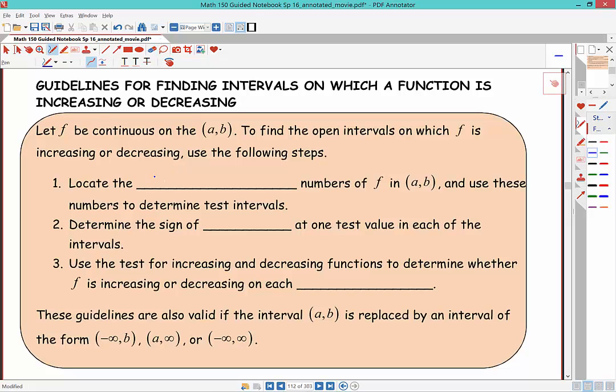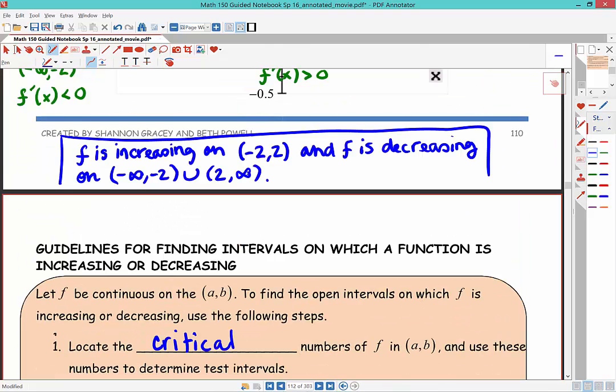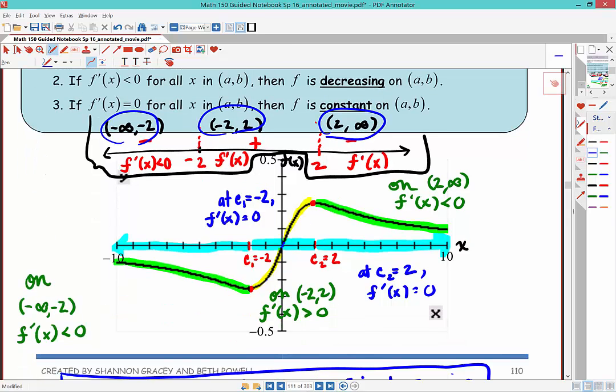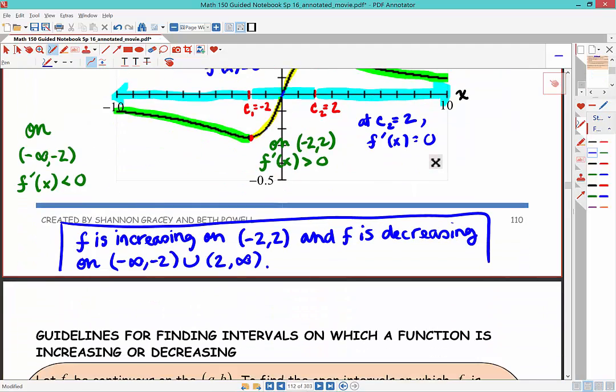First, we locate the critical numbers of f in the interval from A to B, and use these numbers to determine the test intervals. When you see our number line, that's where we figured out these intervals: from minus infinity to -2, -2 to 2, and 2 to infinity. We broke up that number line using the critical numbers.